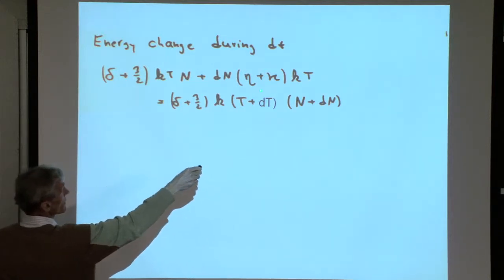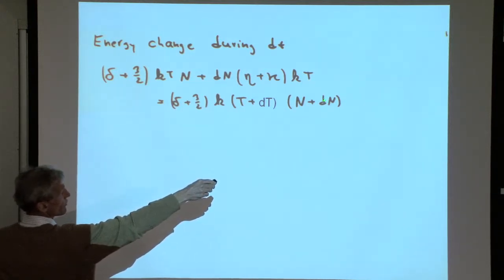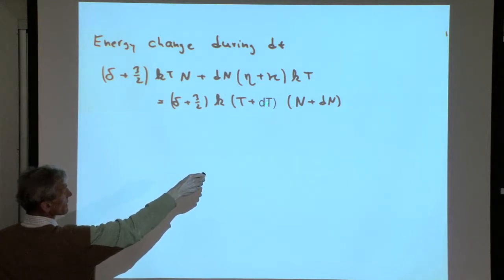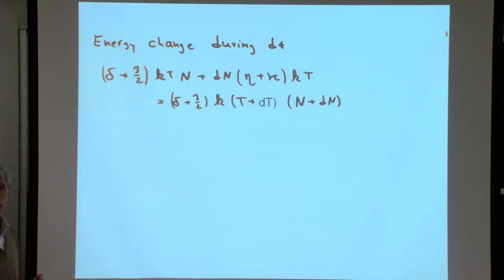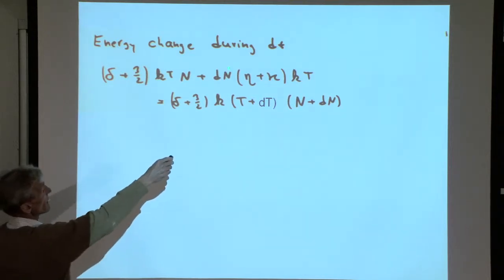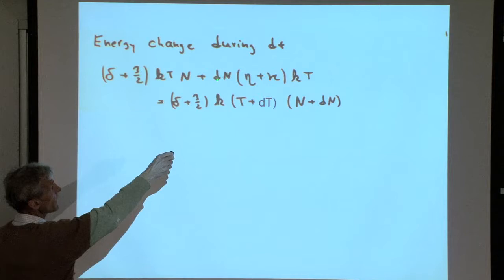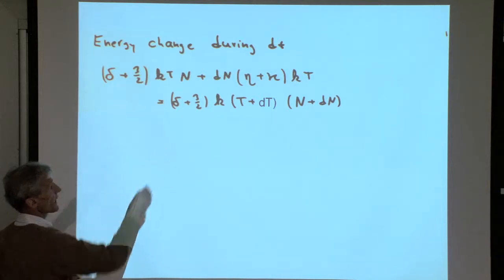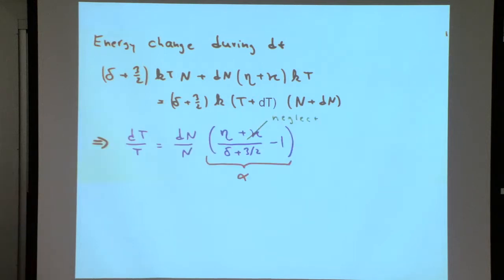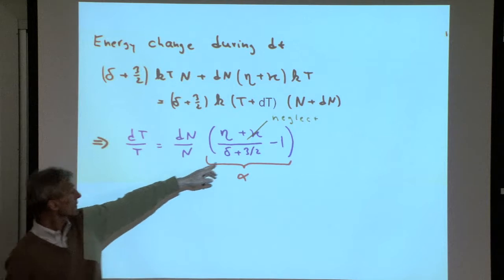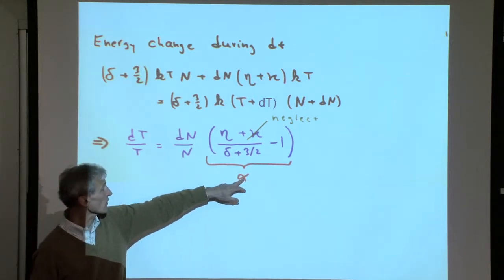After an evaporation step, delta n is negative, I've lost some atoms, and delta T is negative, I am now at a lower temperature and a lower atom number. And the difference is simply the energy taken away by the number of atoms dN which have evaporated. So with that, by just rewriting that, I get a result for the alpha coefficient.